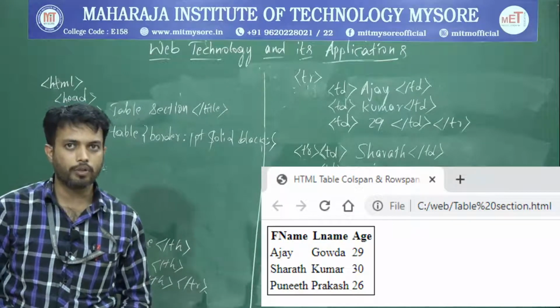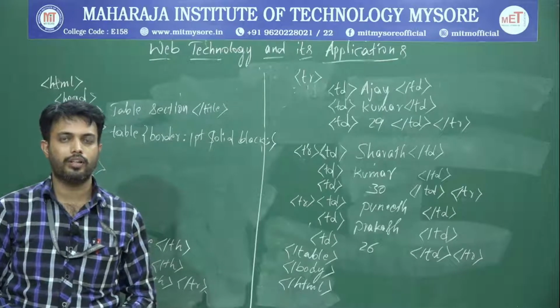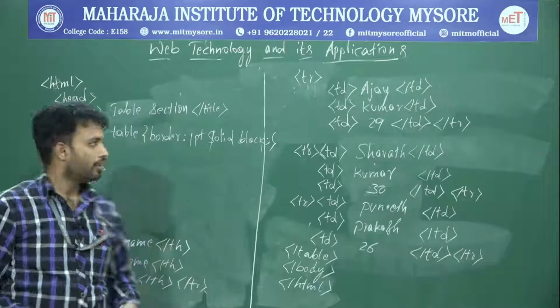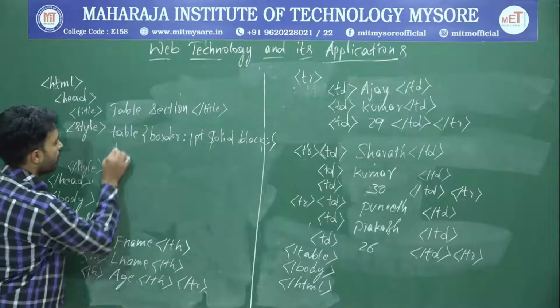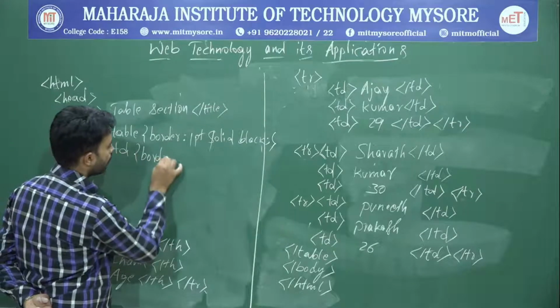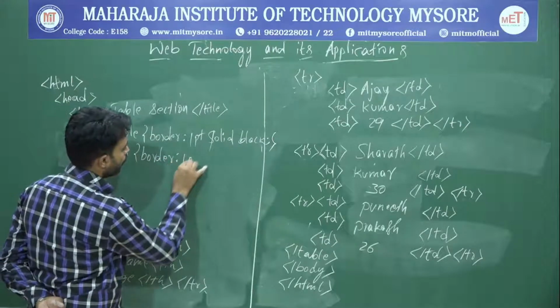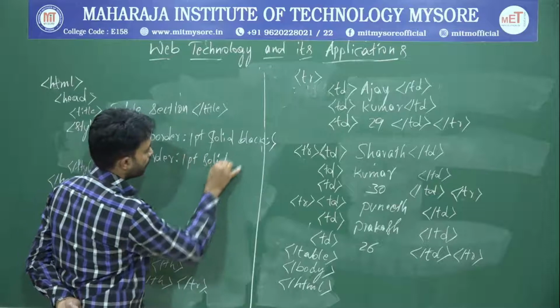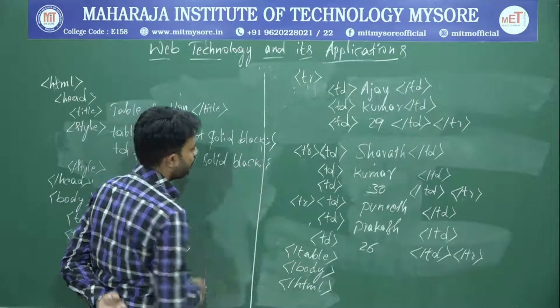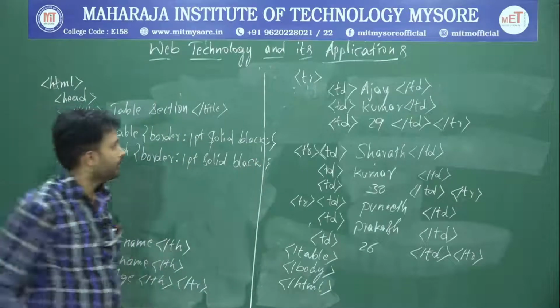Now suppose I want a border for data, so here I need to write td border 1 point solid black.